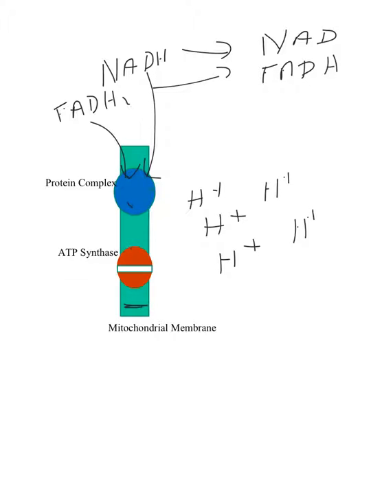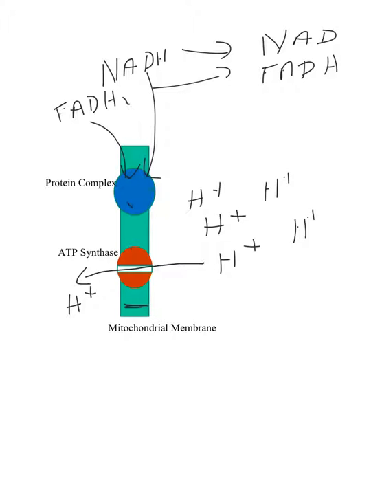And this is kind of cool because we have another protein embedded in the mitochondrial membrane, which is a special channel protein allowing hydrogen ions to flow from point A, areas of high concentration, to point B, areas of lower concentration.